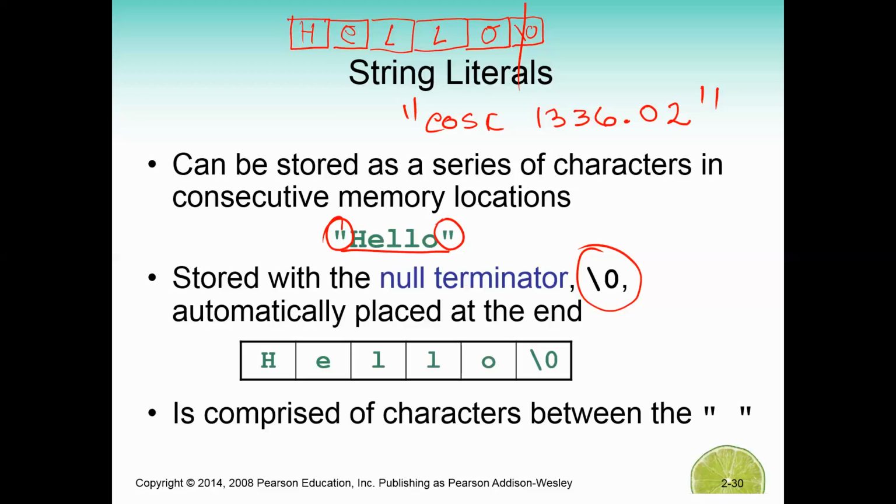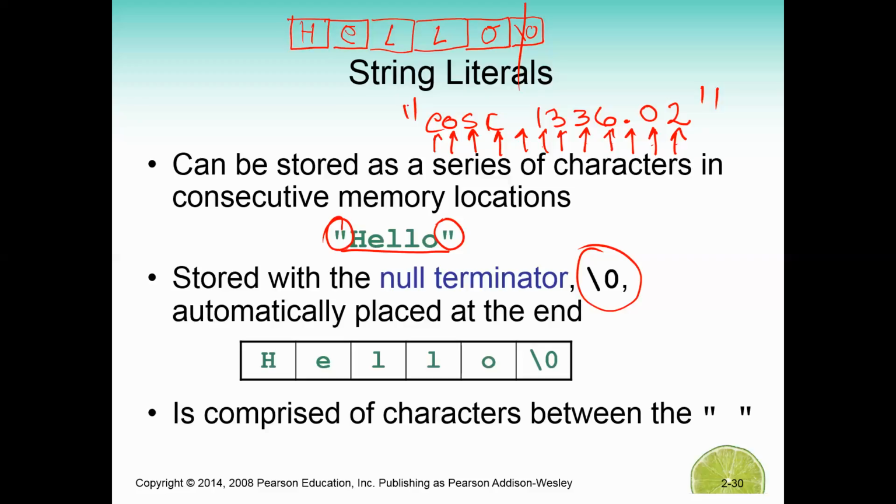So we have one for the C, one for the O, one for the S, one for the C, one for the space, one for the 1, the 3, the 3, the 6, the dot, the 0, the 2, and then of course the terminator. So how many do we have? 1, 2, 3, 4, 5, 6, 7, 8, 9, 10, 11, 12, 13 different bytes that are going to be reserved for this message.